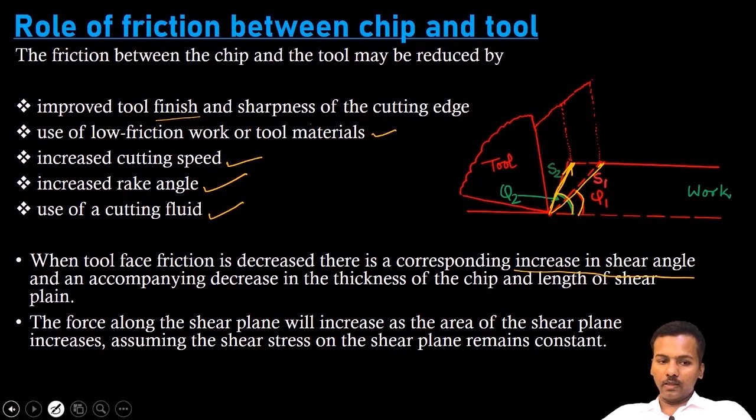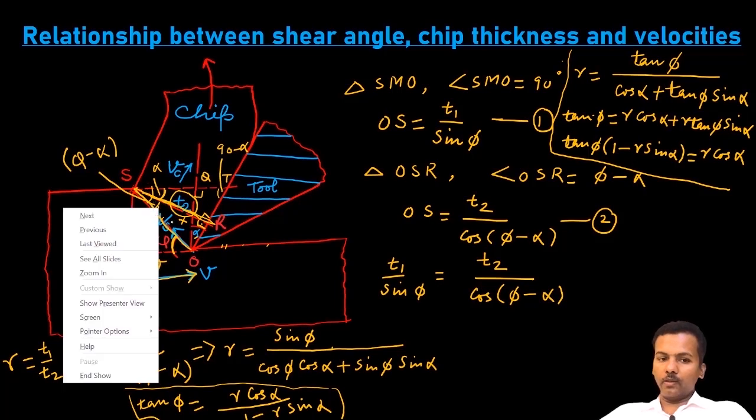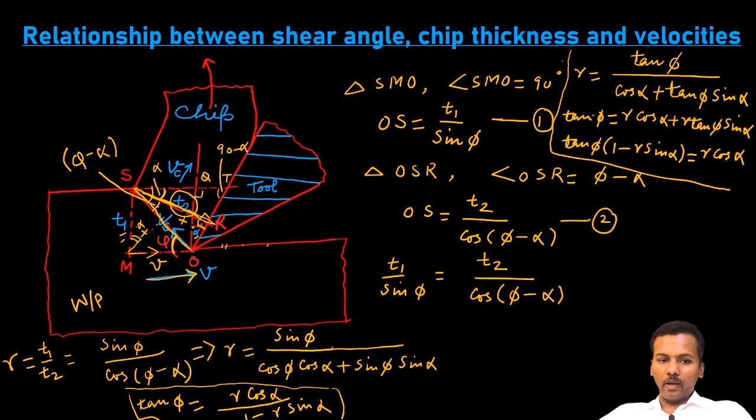As you see here, if we come to the earlier slides, from this phi angle, this is the shear plane, and correspondingly when we have taken this, what is this length? This is the chip thickness equal to OS cos phi minus alpha.